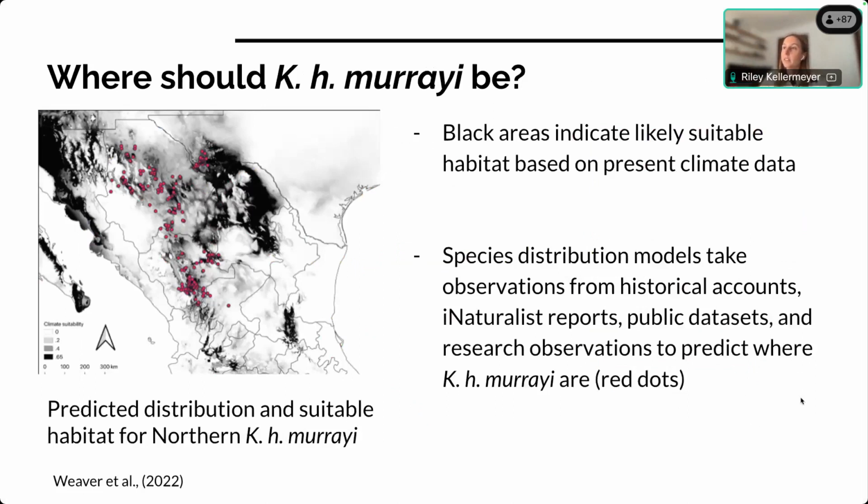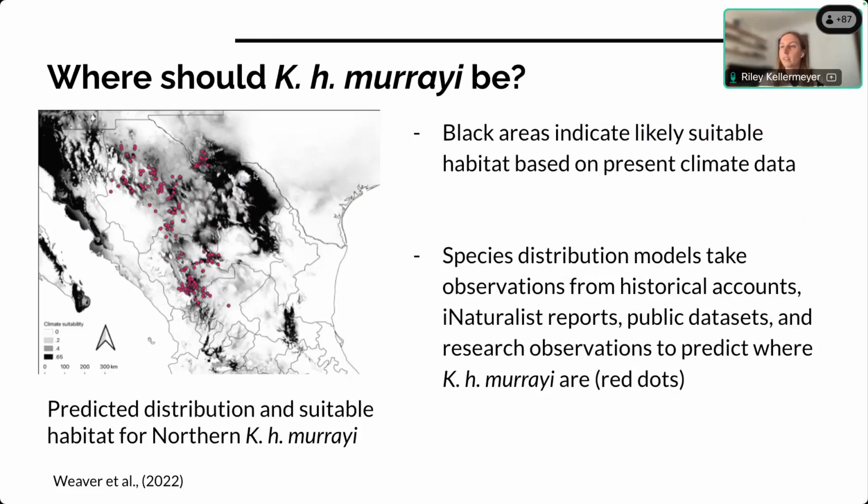That's how they're designated. So we then took a look at where these murrayi individuals should be. So in black here, he plotted suitable habitat for these turtles based on things like rainfall, temperature, that kind of thing.